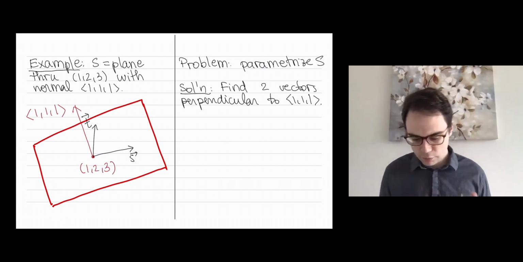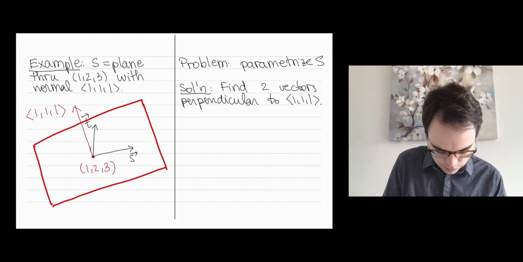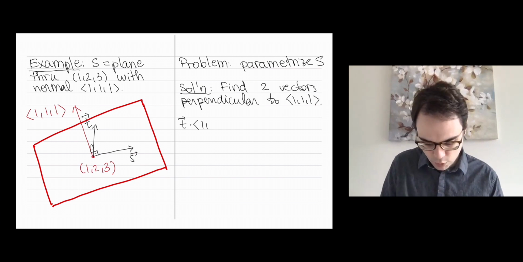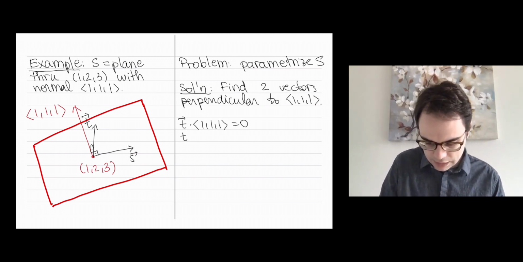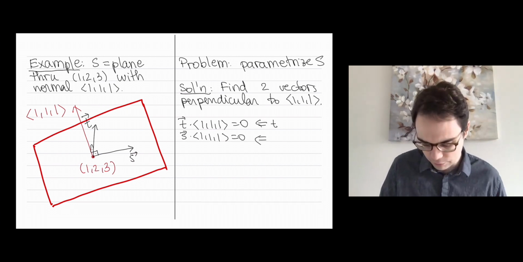Okay, so can we think of two vectors perpendicular to 1, 1, 1? Here are our symbols for perpendicularity. I want that T dot product 1, 1, 1 is 0, and you want that S dot product 1, 1, 1 is 0 as well. Can I think of a T and an S that do this? And they have to be different.